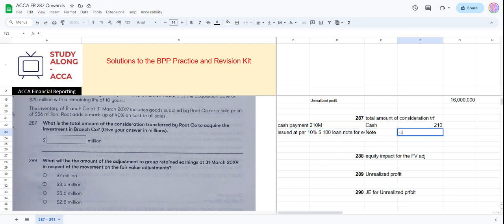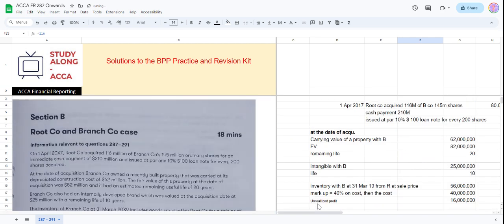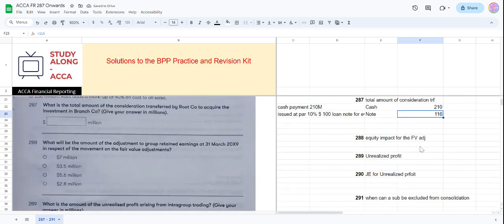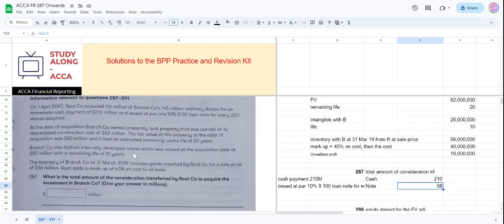How much have they acquired? 116 million shares, and for each 200 they are giving one note. How much is the amount?